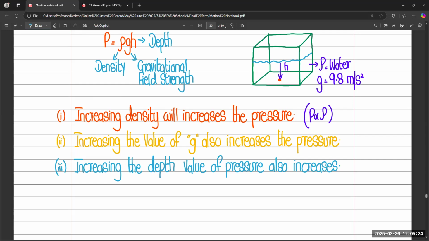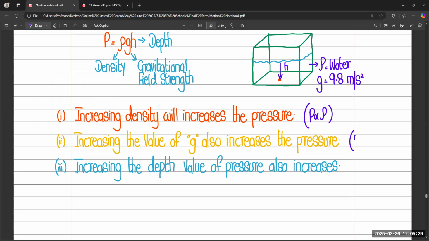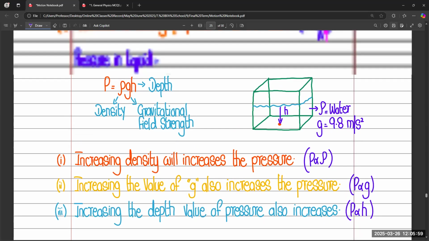So these are three quantities, and they are directly proportional to pressure. If we increase any one quantity, the pressure will increase, or if we decrease any one quantity, the pressure will decrease also. So this is the concept of pressure in liquid. For example, let's see how to use this formula on the questions.